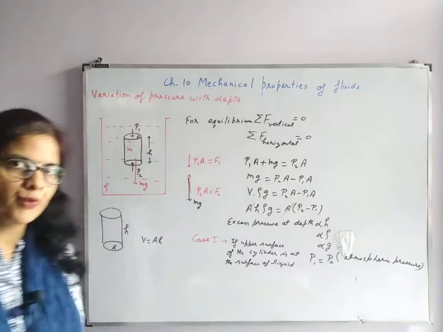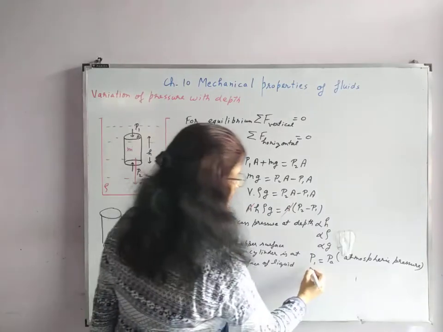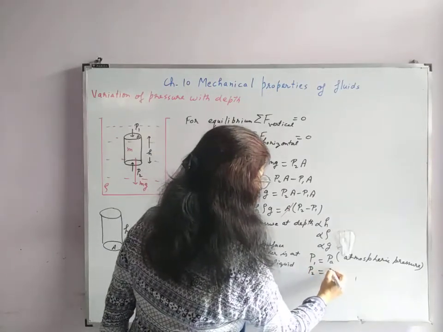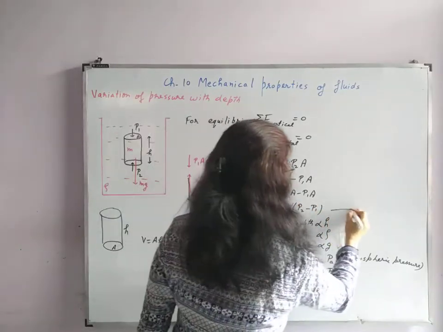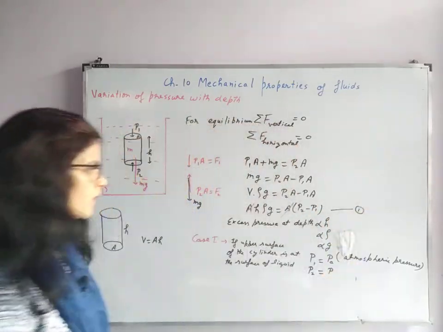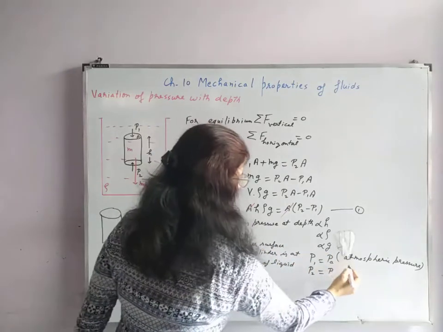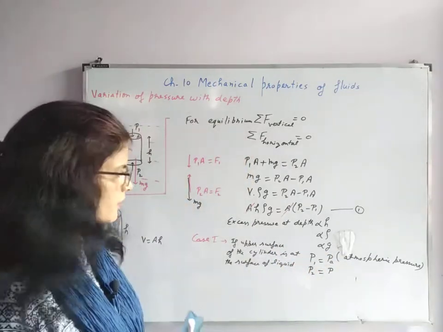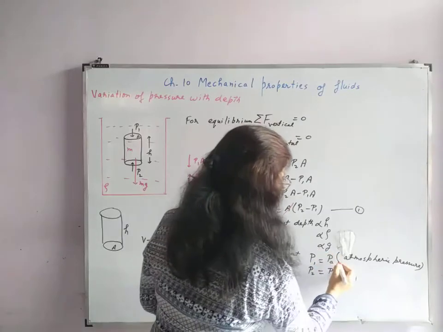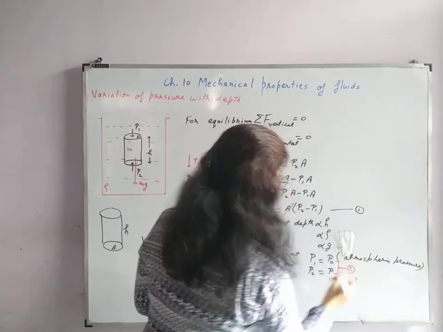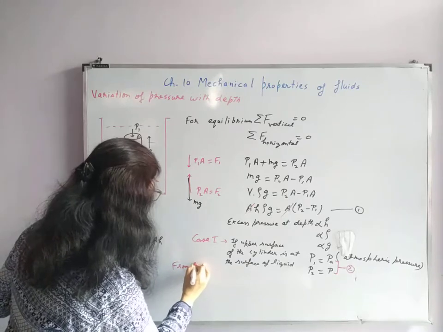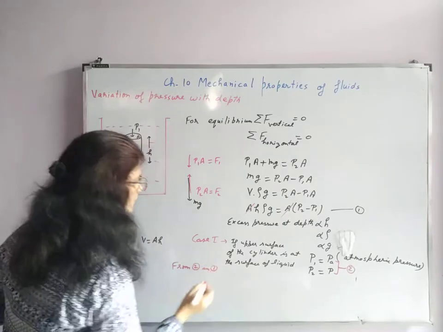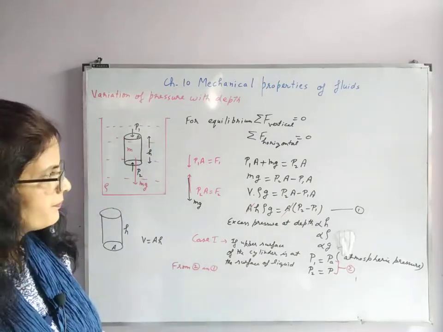And then we won't require any suffix for P2, so we can write P2 is equal to P. In that case, what will our expression become? If this is our first expression, so from this second expression, from 2 in 1, what will it become?